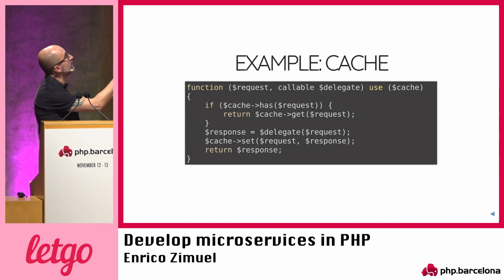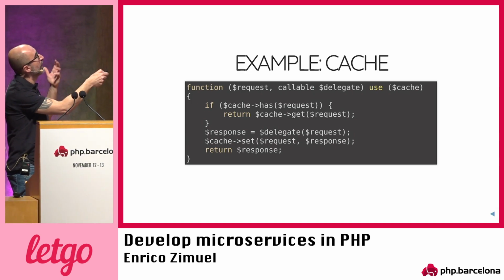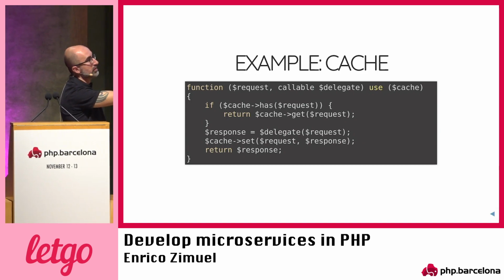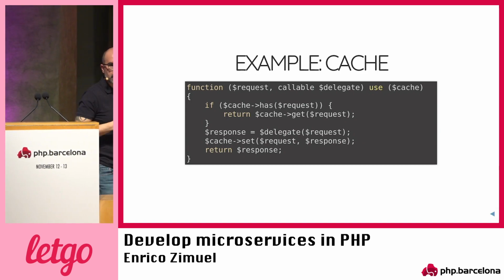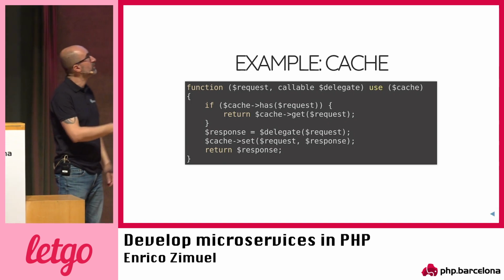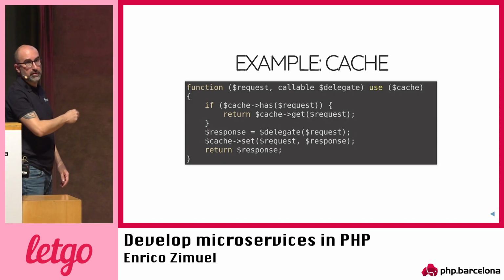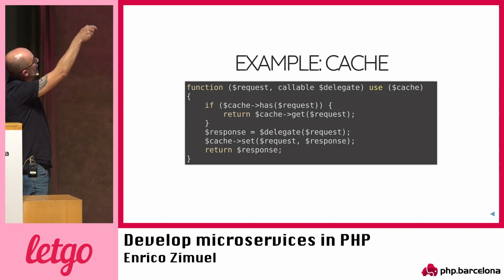If $cache, imagine that $cache is some variable, I don't know, memcache, whatever you want, has request, so there is a function that says, OK, I have this cache in my box or not, I just get the response and I return it. So the execution basically ends on this line.